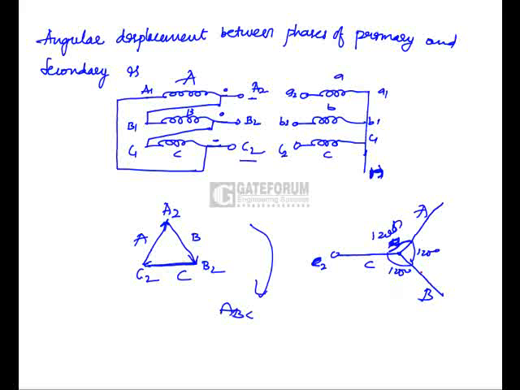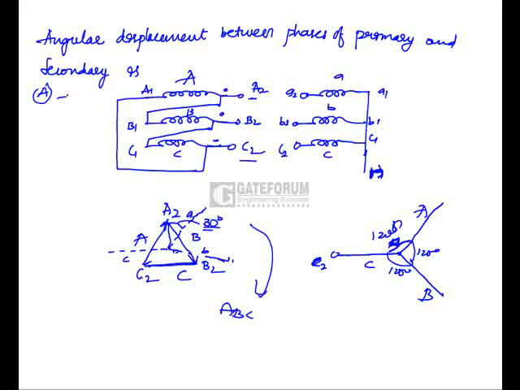Now superimpose this secondary winding with respect to the primary one. Let us take this as neutral N. Now A is the connection like this. C is in parallel with primary C. So this is C and this one is small a, and B will be like this. This is B phase. Now the displacement between these two phases is 30 degrees. Now which one do we have to choose?